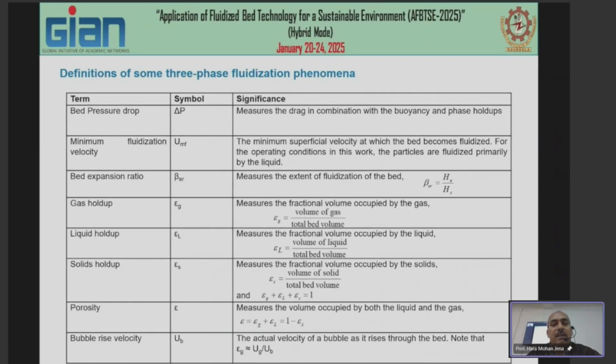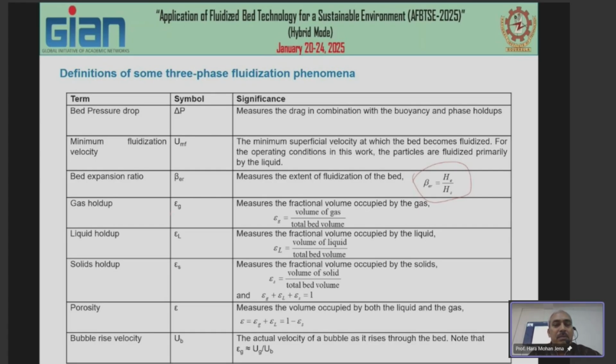Then with the flow of the gas and liquid, the bed expands and we get a higher height of the fluidized bed. That height to the initial height, that ratio, is known as the bed expansion ratio, which measures the extent of fluidization in the bed. So it is the ratio of expanded bed height to the static bed height.